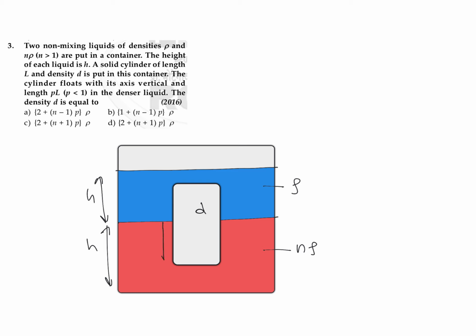So some amount of this is in the denser liquid, and we can take this distance as P into L. The remaining distance is L minus P into L, or L into 1 minus P, which is in the liquid with less density, because the total length of the cylinder is L. Our aim is to find the value of density D in terms of rho.